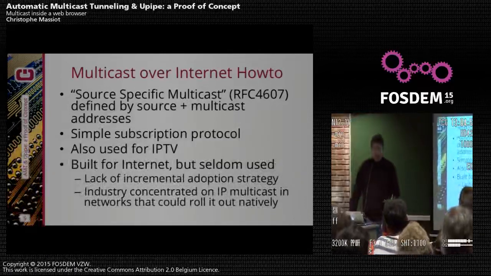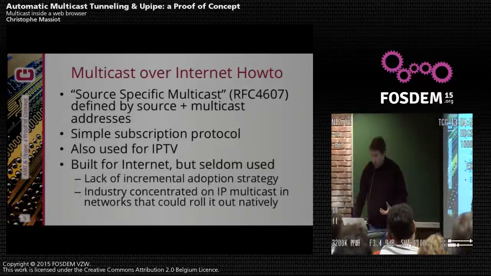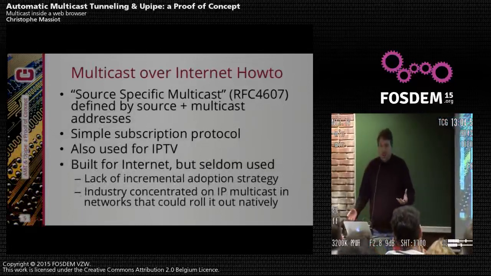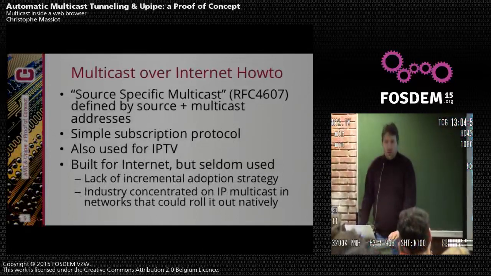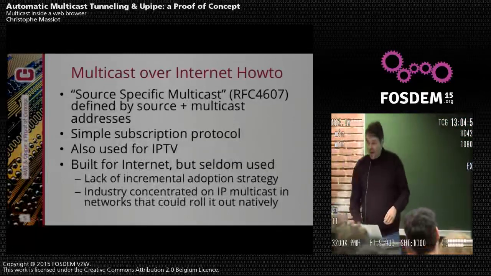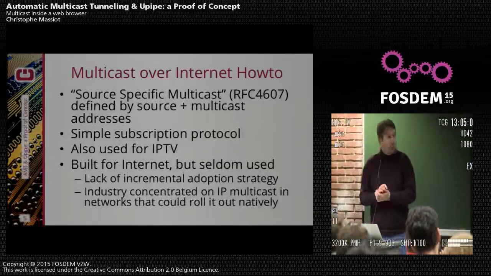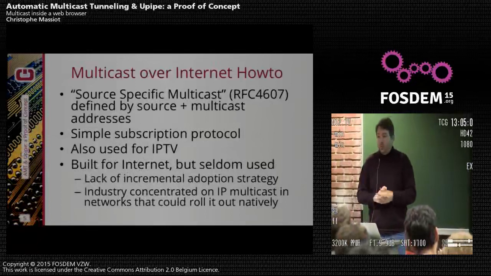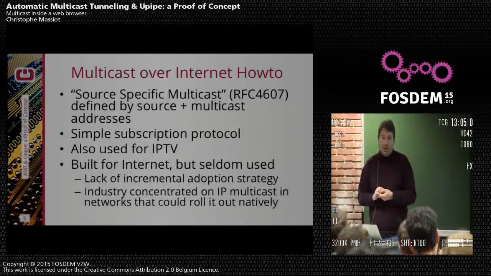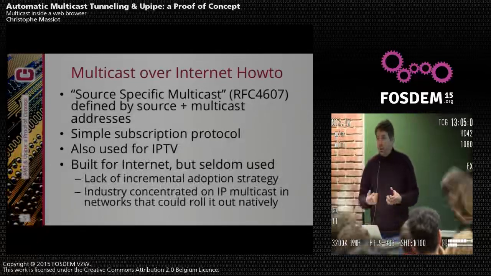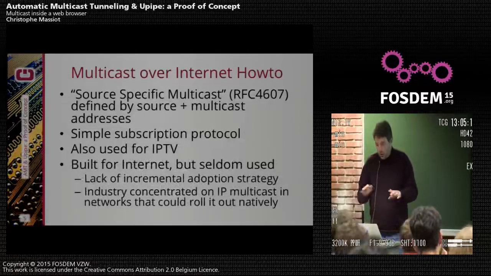As you can understand, it's also been built for the internet. But have you ever already seen a multicast stream on the internet? Probably not. Why? The first reason is that there was no incremental adoption strategy. Either you're on a multicast network and you get the stream, or you're not and you get nothing.